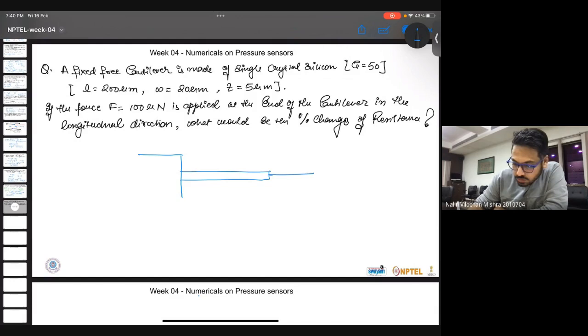So the force is axial force. It is acting in the longitudinal direction like this.